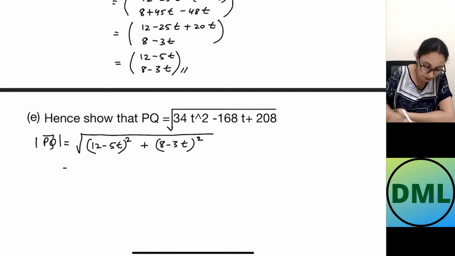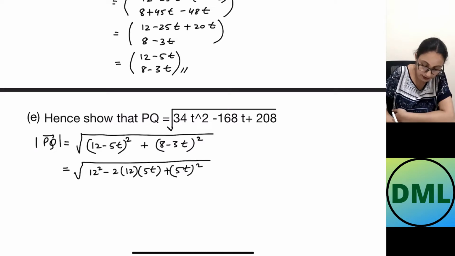This will be opened using the (a - b)² formula: 12² - 2 times 12 times 5t + (5t)². This is again the (a - b)² formula: 8² - 2 times 8 times 3t + (3t)².